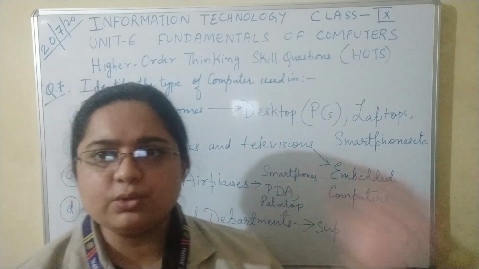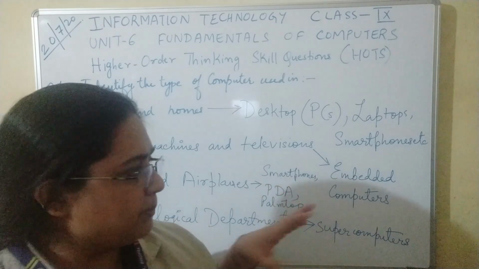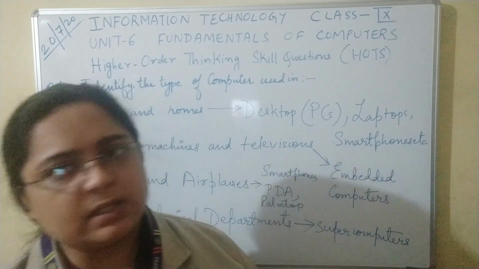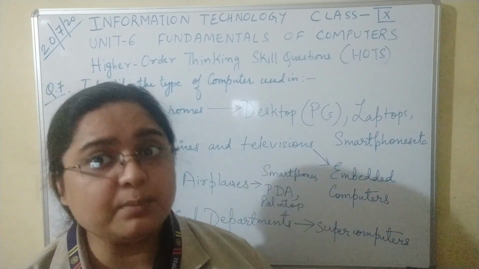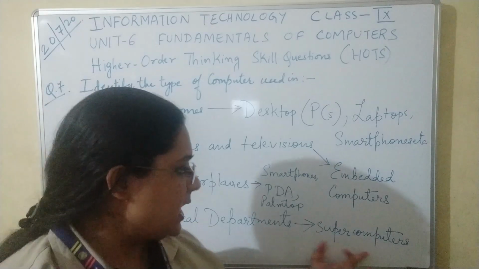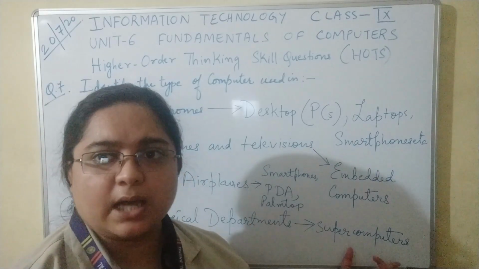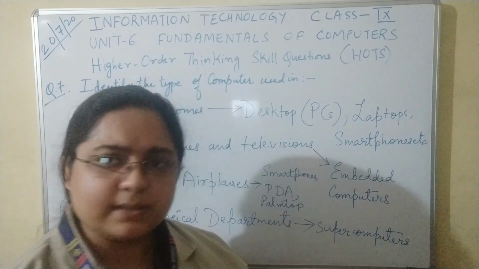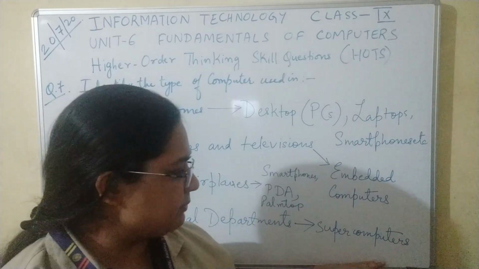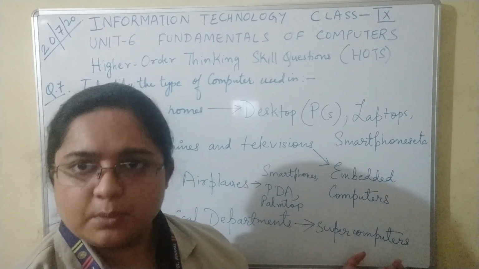That huge data cannot be processed by normal personal computers. We need more than one processor for that work. Supercomputers and mainframe computers are those computers which have more than one processor.